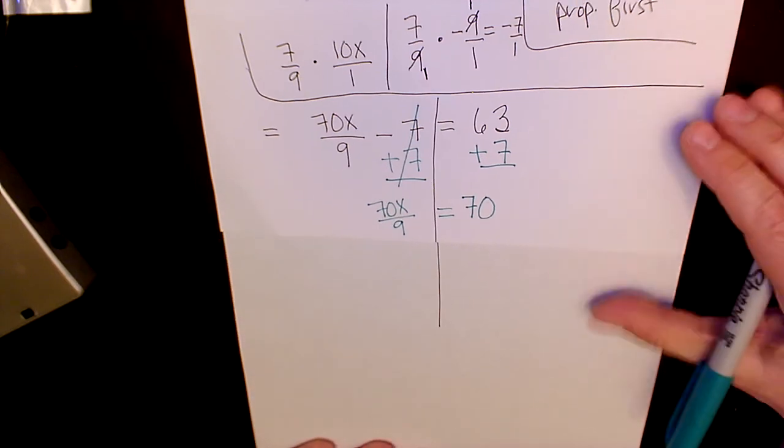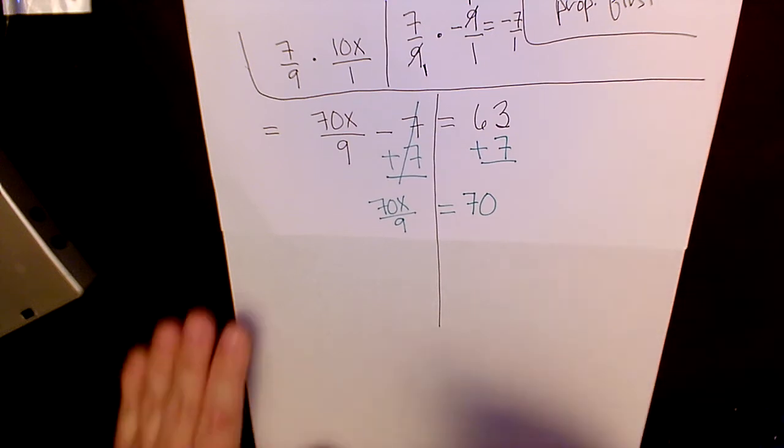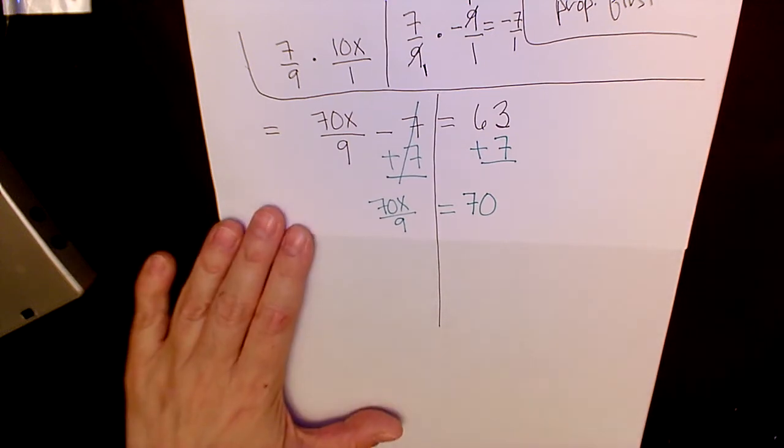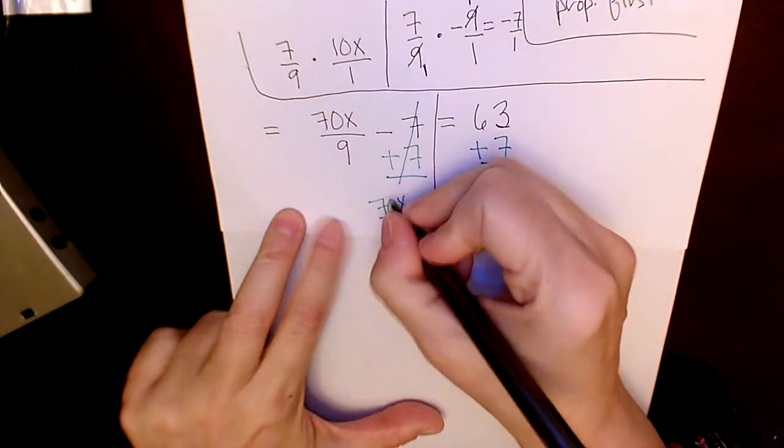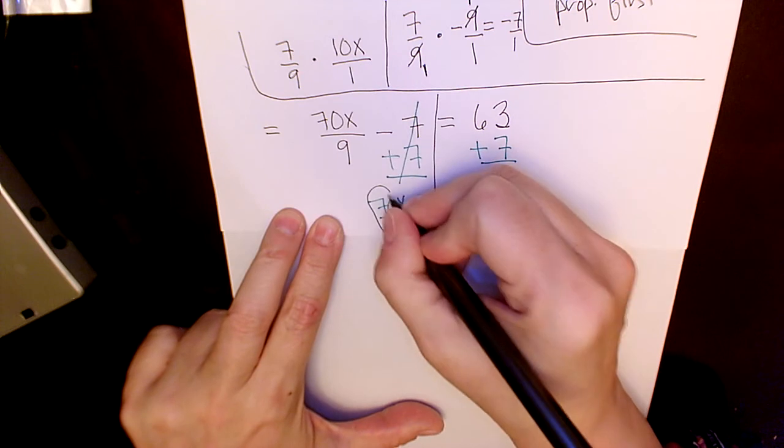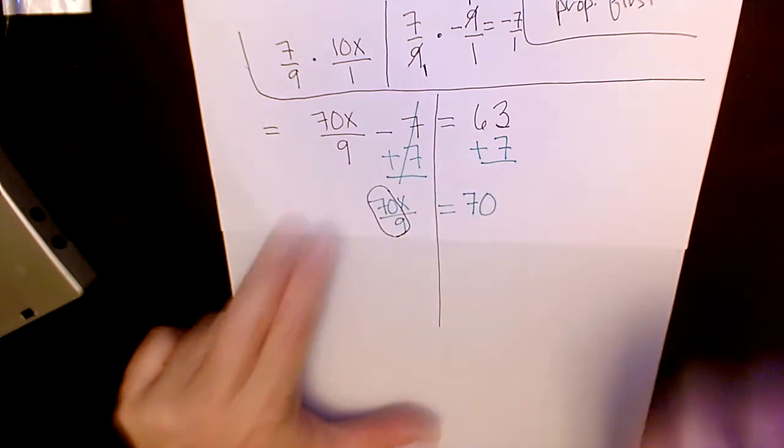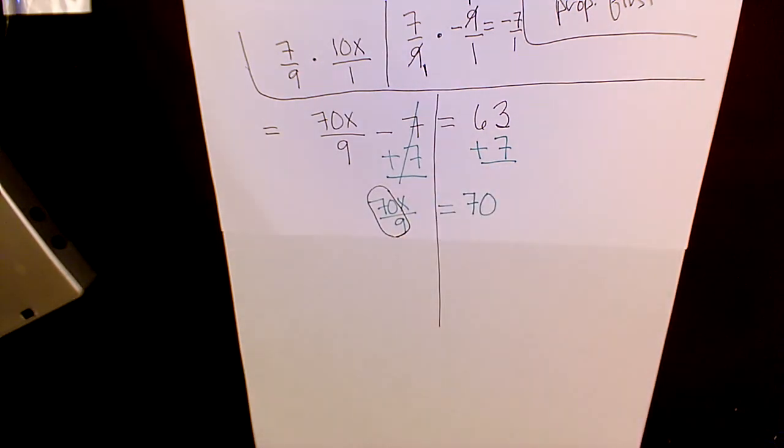Okay, so we're almost done. Again, remember, how do I get rid of that fraction sitting there in front of that x? Well, I'm going to multiply by the reciprocal.